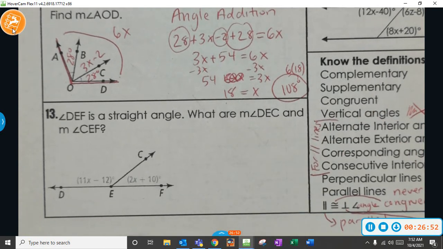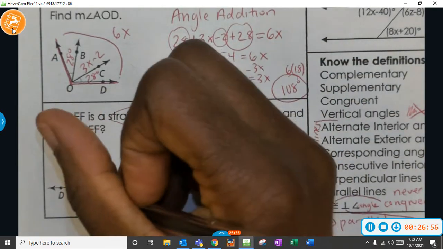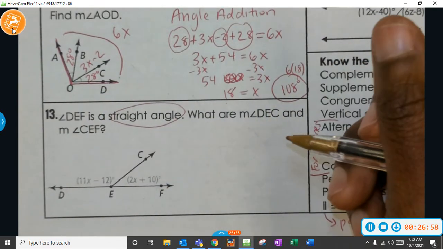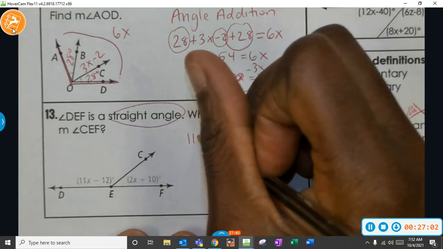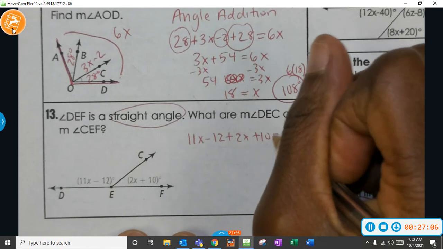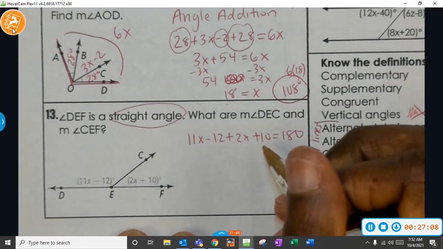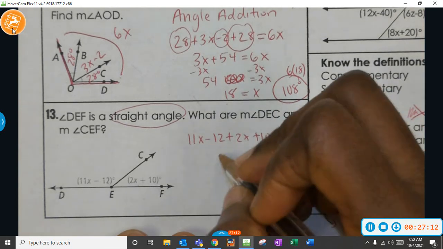Okay, number 13, we have another angle addition, and it makes a straight angle, which is nice for us because we know straight angles make 180 degrees. So it's going to be 11x minus 12 plus 2x plus 10 equals 180. We're solving for x first, and then substituting it back in to find each of these angles.